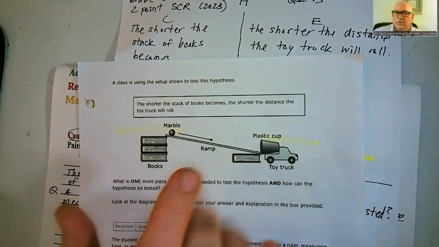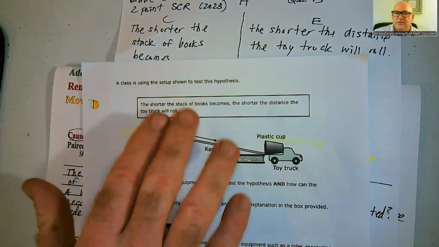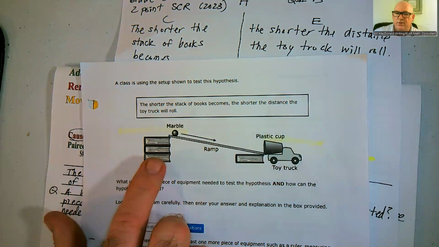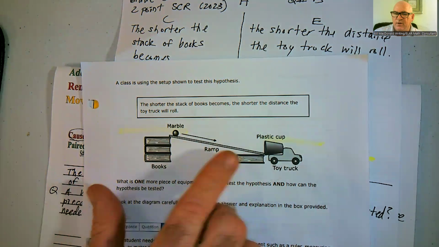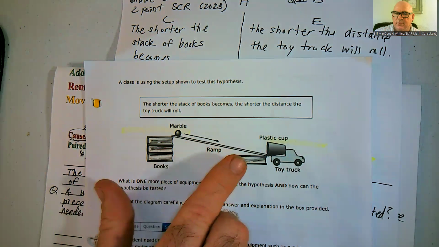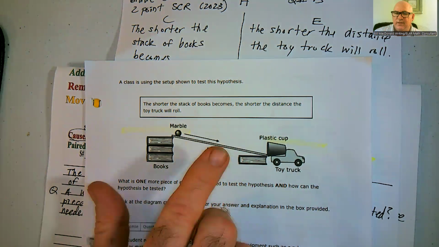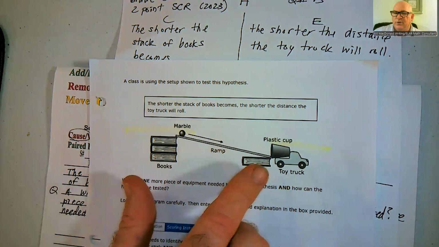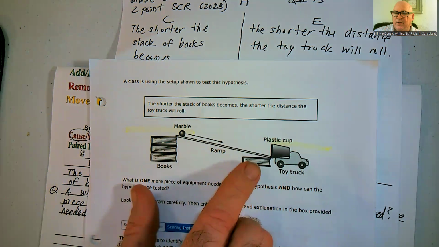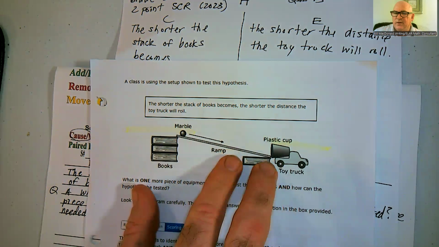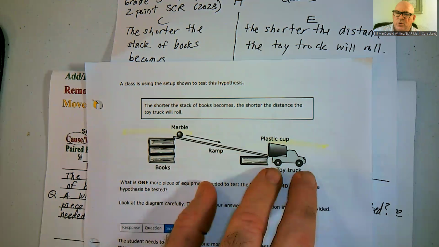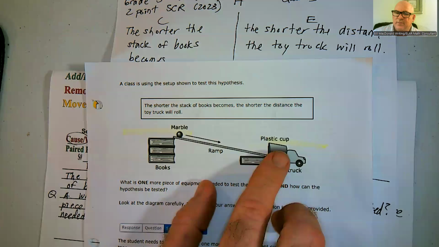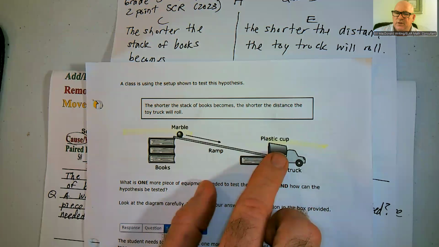Okay. Now, this is the setup. 3 books, 1 marble on a ramp of that length. Okay. That length is important. Another book is on the other end of the ramp with a little toy truck that has a plastic cup sitting on top.